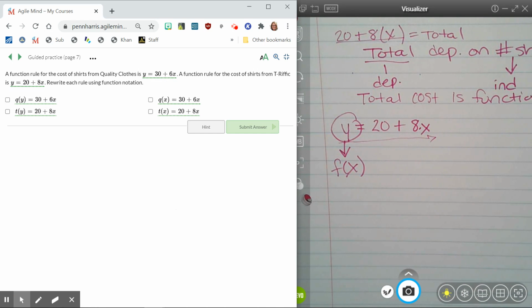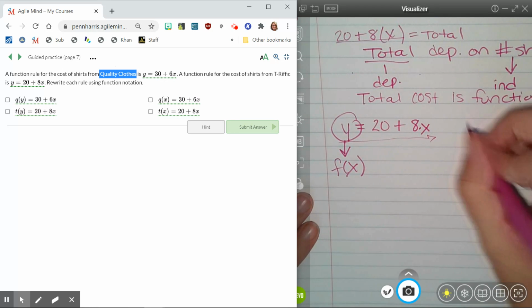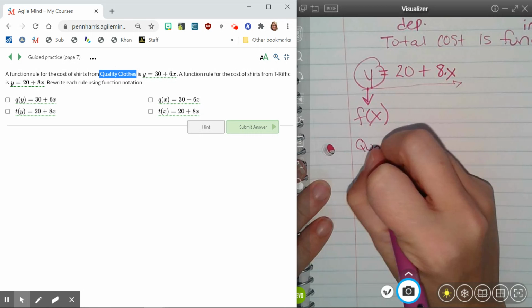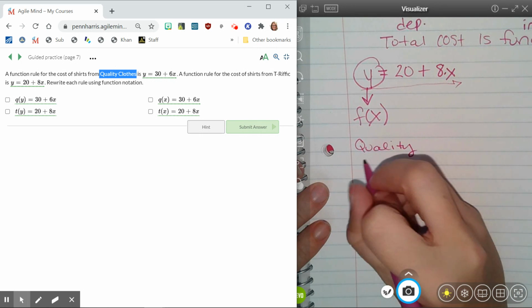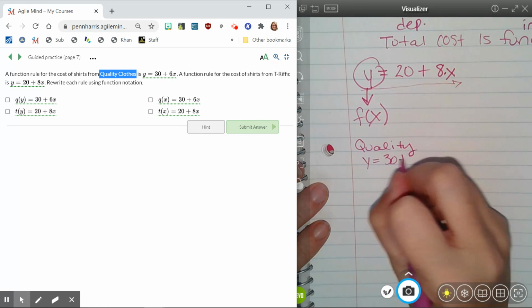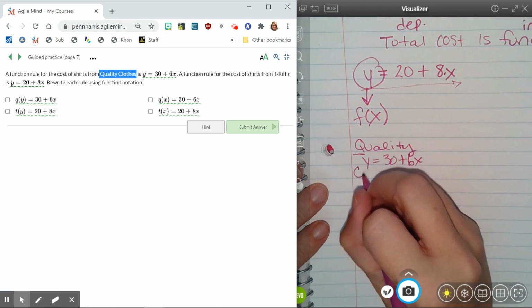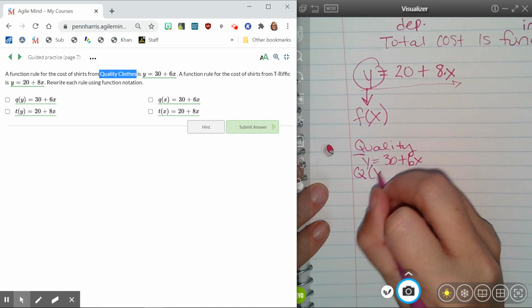With this, what they probably want us to do is use the Q in Quality. So if Quality has the equation y equals 30 plus 6x, I'm going to use the Q. So I'm going to say Q of x equals 30 plus 6x.